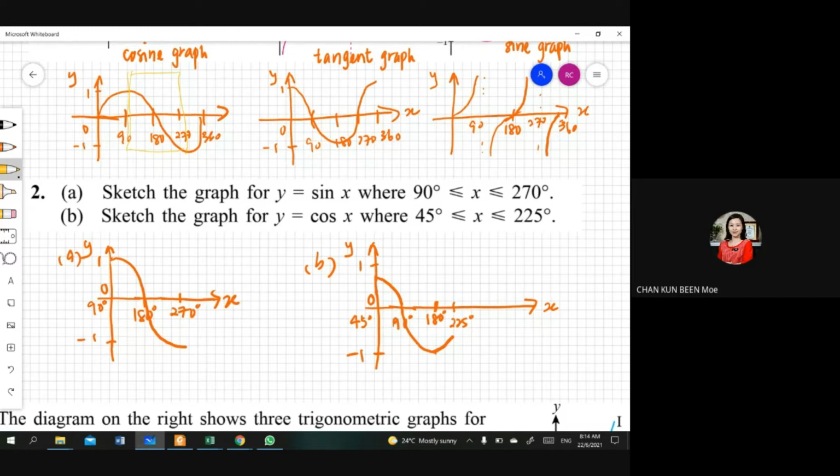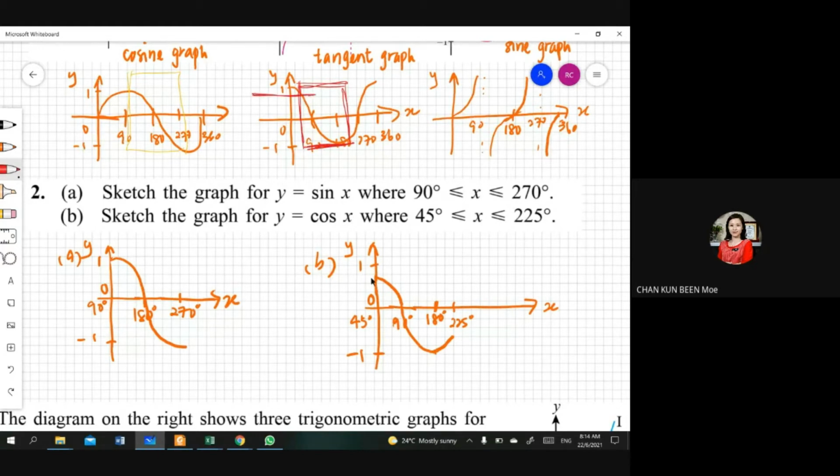Okay, and then for the next question, it's the same thing. They ask you to draw cos x, where x is between 45 and 225. So if you refer to this graph here, 45 degrees starts from here, and 225 is between 180 and 270, here. So you need to draw this part. Make sure you don't start with 1, because you can see this part is less than 1.